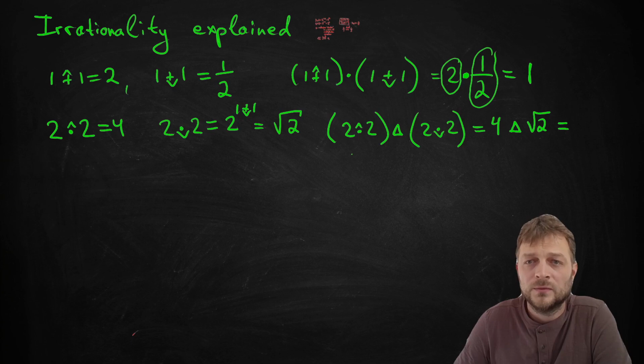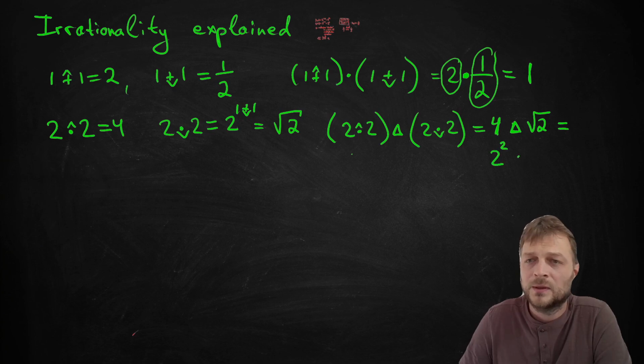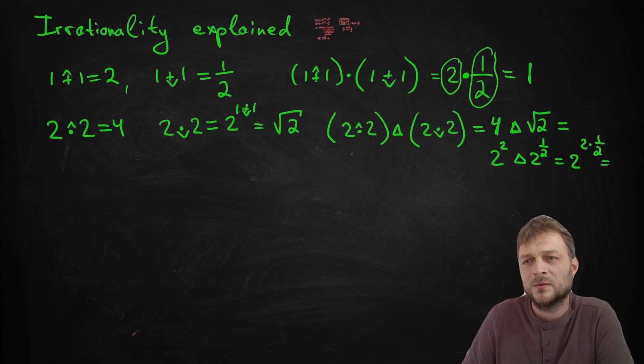2 by 2 is 4. Let's see how we can compute it. Base 2, if we use base 2, this is 2 to the power 2, 2 to the power 1/2. So this is 2 to the power 2 multiplied by 1/2. And this is 2 to the power 1, which is 2.